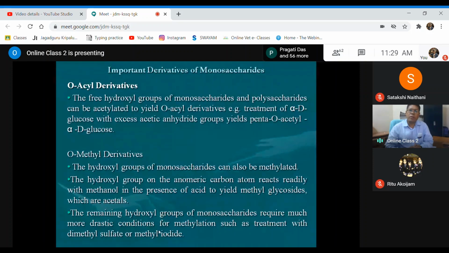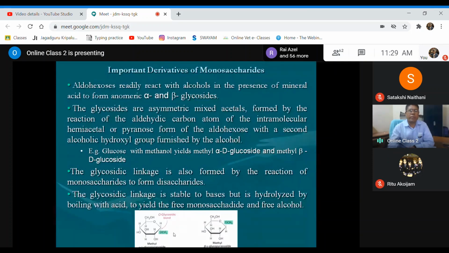For example, treatment of alpha-D-glucose with excess acetic anhydride yields penta-O-acyl alpha-D-glucose. What happened is that here we had taken the methyl group, but instead of the methyl group, if you take the acetic acid, then this acetyl group will be linked to this OH group.